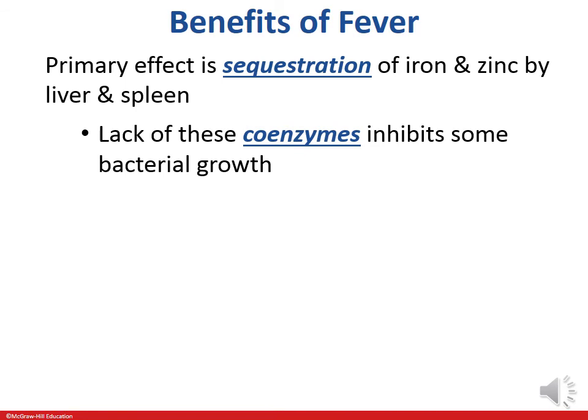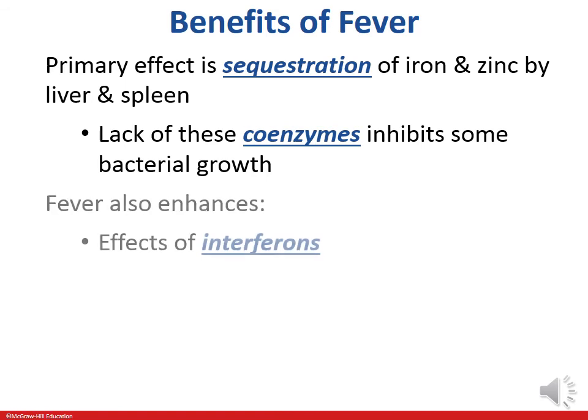Enzymes require heavy metals typically as the cofactor. So if these heavy metals, which are, by the way, the most common cofactors used by living things, are locked up in the liver and the spleen, wherever the bacterial infection is going on, they don't have what they need to replicate, and it basically buys time for the immune system to go after them.